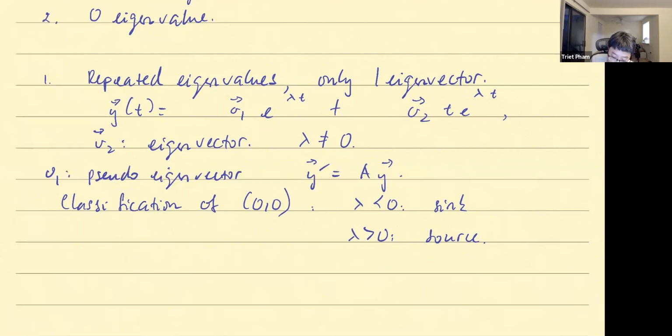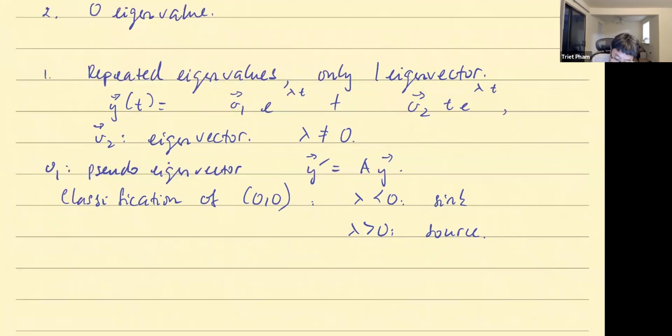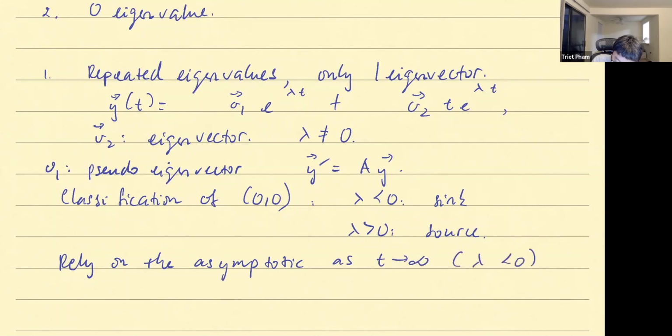What we want to sketch, or what we rely on, is the asymptotic behavior, as t goes to infinity if lambda is negative, or as t goes to minus infinity if lambda is positive.